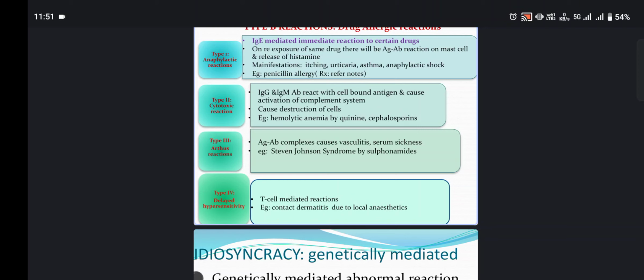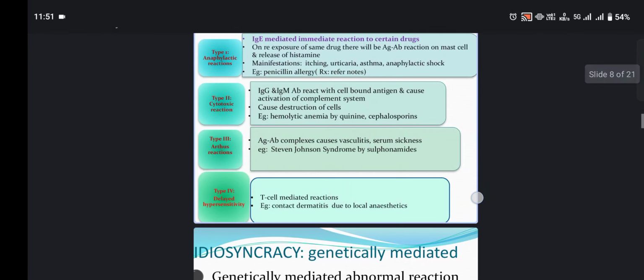On re-exposure, if a drug was already given and the patient is re-administered the same drug, there will be a reaction between antigen and antibody. When a foreign particle enters the body, our body detects it as an antigen, so antibodies will form. The second time the same drug comes back, these antibodies will recognize it as an antigen.